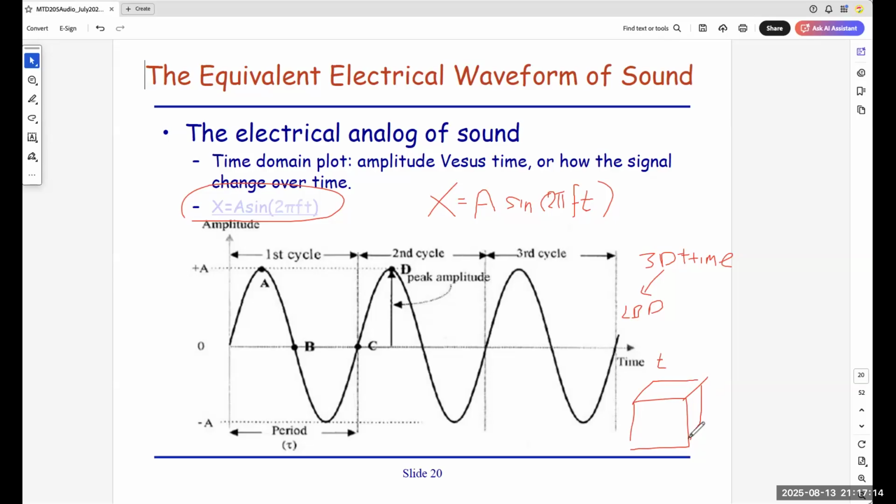So 3D has length, breadth, and depth, like a 3D TV or 3D movie, and then this world also has time, whether 1 second, 2 seconds, 3 seconds. Therefore everything is about the 4D world.